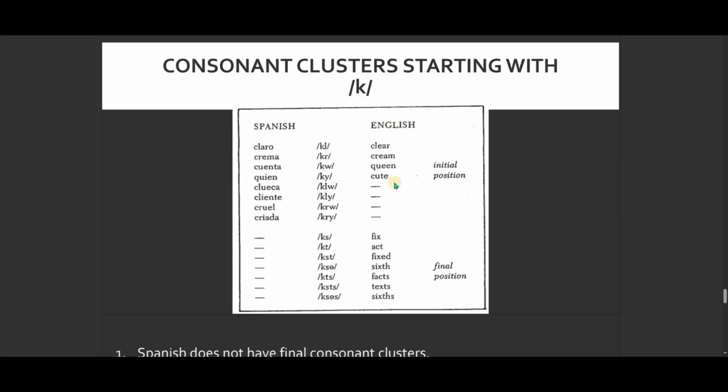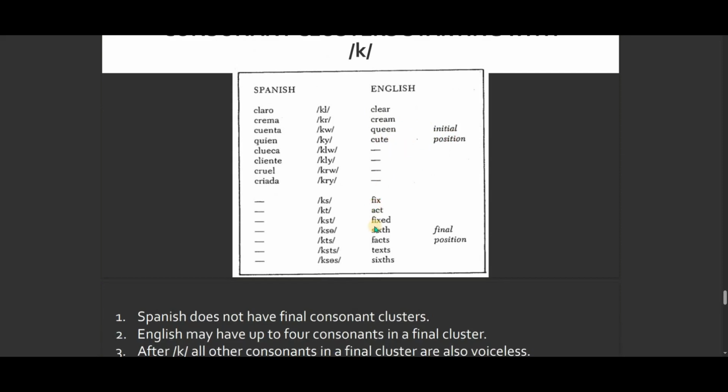In the case of English, we also have initial position clusters like in clear, cream, queen, cute. And final position clusters we only find in English, like in fix, act, fixed, sixth, fact, texts, and sixths.